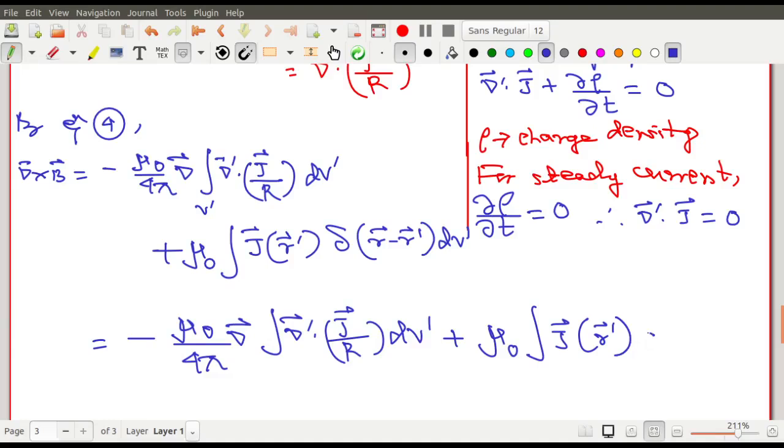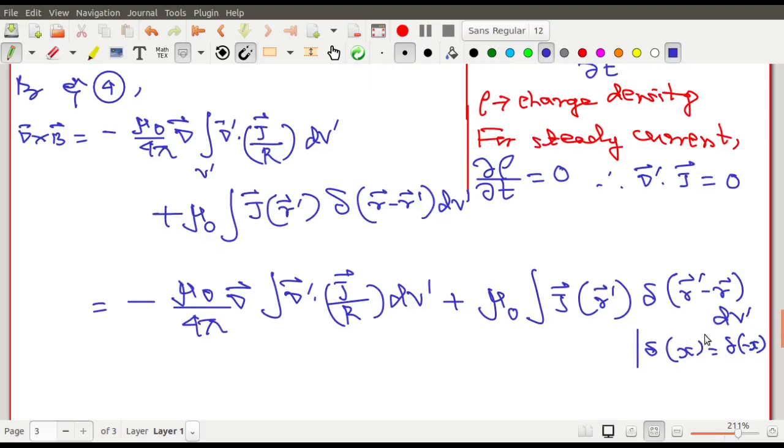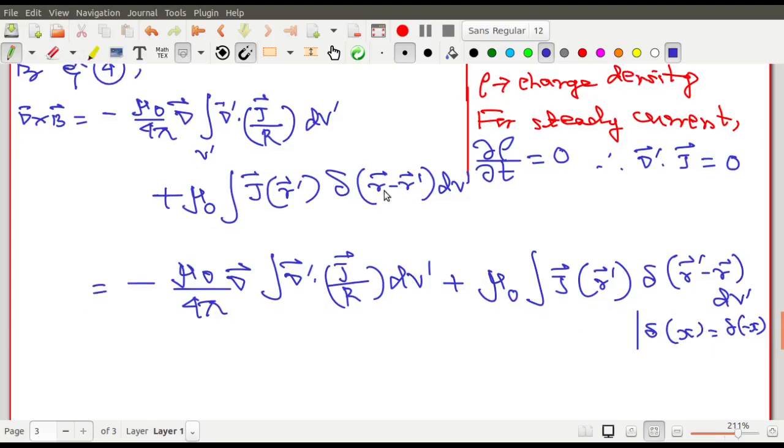Then I may write delta of R dashed minus R into dV dashed. Why do I do it? Because you know that delta of x is equal to delta of minus x. That is immaterial, whether you take delta of x or minus x, that is equivalent. Most probably this is proved in the first semester course also, right? Just let me adjust this.